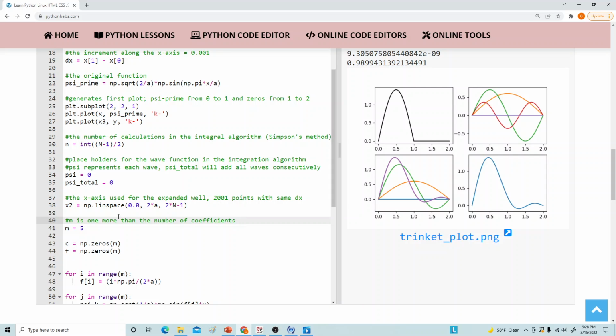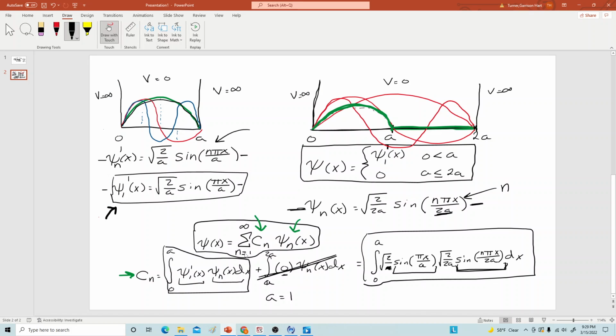And again, this is because of the 0th indexing issue. In our series, we want n to start at 1. But in Python, indexing starts at 0 unless you specify it otherwise.